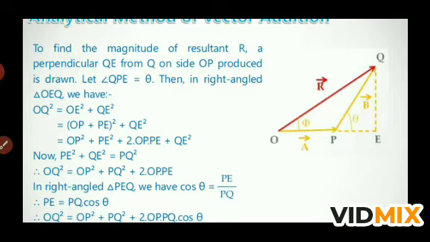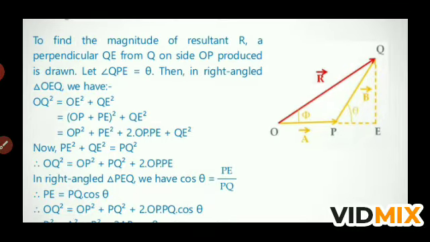So OQ square is equal to OP plus PE whole square plus QE square, which is OP square plus PE square plus 2 OP dot PE plus QE square. Applying the Pythagoras theorem, PE square plus QE square is equal to PQ square. So OQ square is equal to OP square plus PQ square plus 2 OP PE.